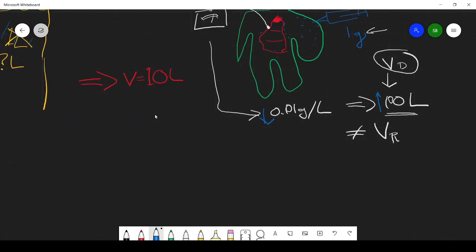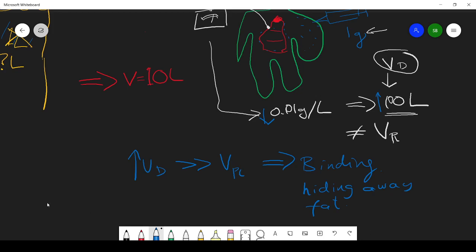Of course, if there's a high volume of distribution, much greater than the volume of the plasma, then that implies that we might have binding, or we might have some sort of hiding away of the molecule. Perhaps it might be in the fat.